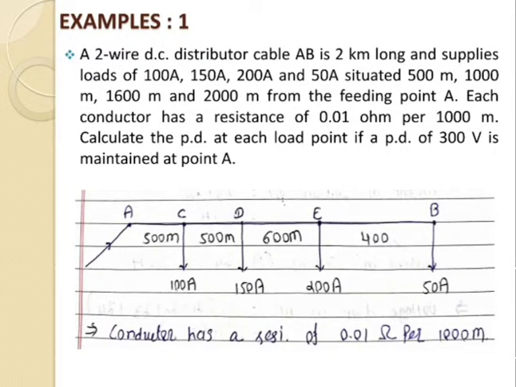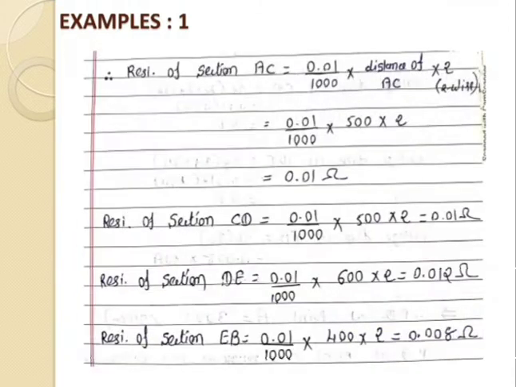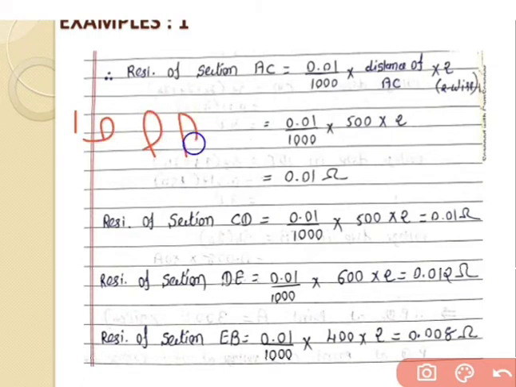The conductor has a resistance of 0.01 ohm per 1000 meter, which is given in the example. But as it is a 2-wire DC distributor, we now calculate the resistance for each individual section. We apply the condition that 1000 meter has a resistance of 0.01.